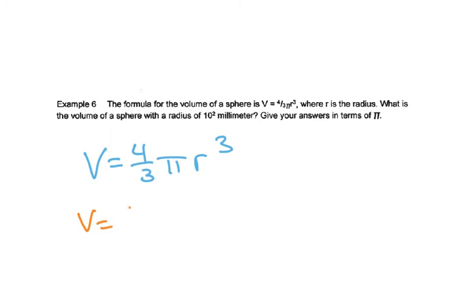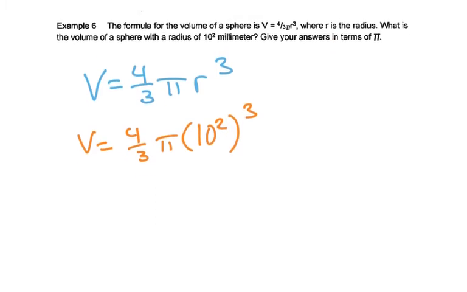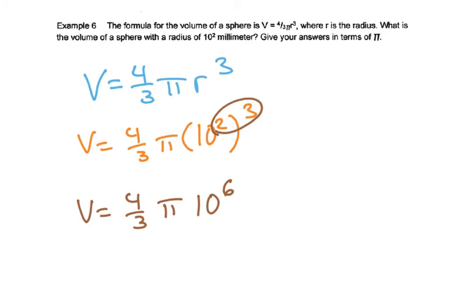So v equals 4/3 pi. r is 10 squared cubed. So this is going to leave me with v equals 4/3 pi 10 to the 6, because we multiply 2 times 3 and get 6.